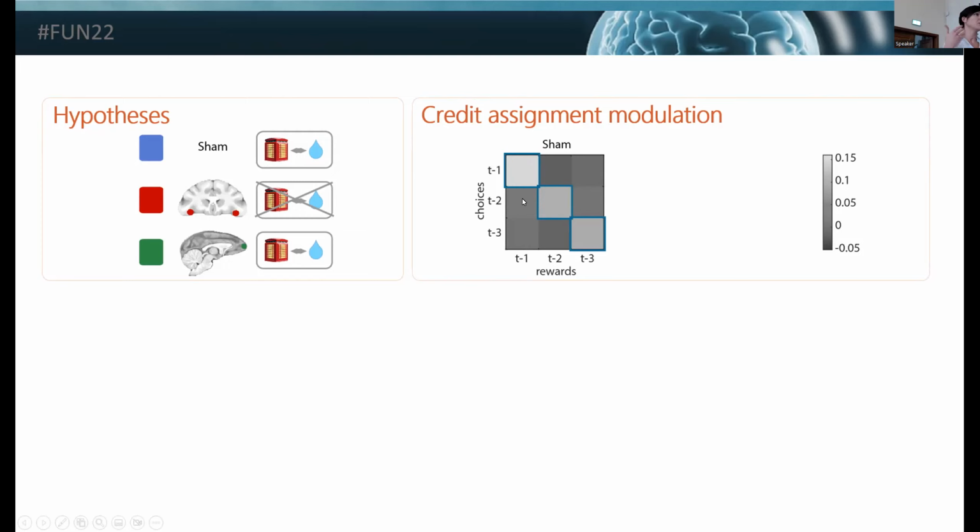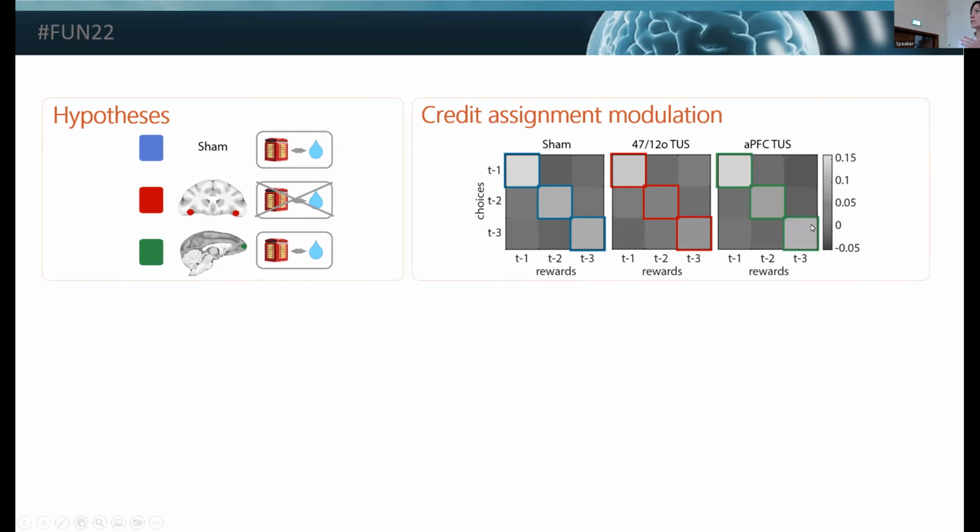So you're capable of maintaining reward history and reward information. And this was not true after area 47/12 was sonicated. They were only capable of maintaining reward information that happened very recently, so they were becoming more myopic in their behavior.